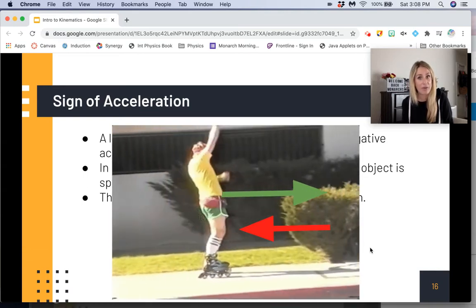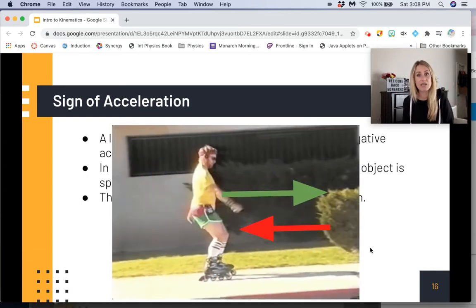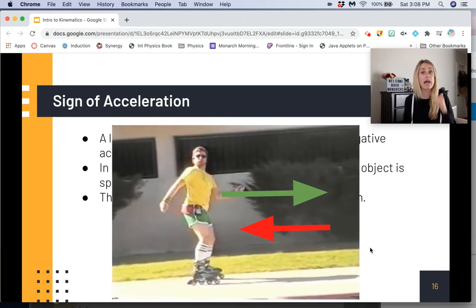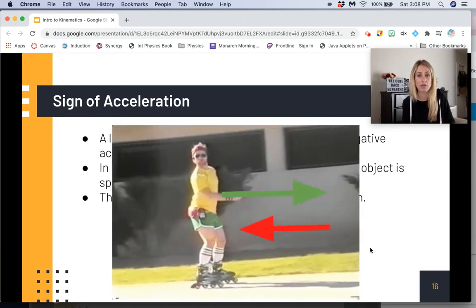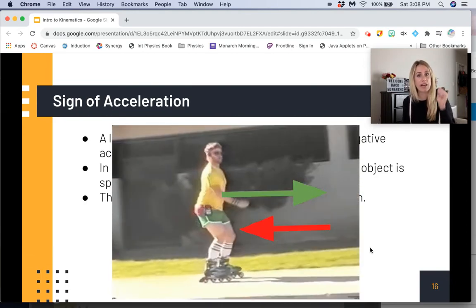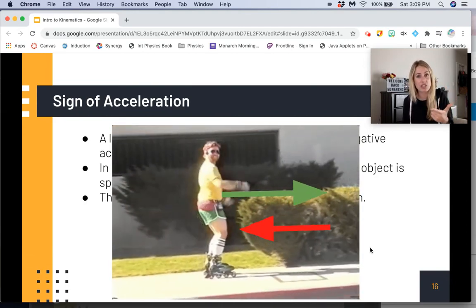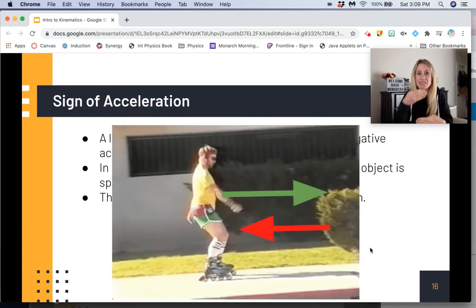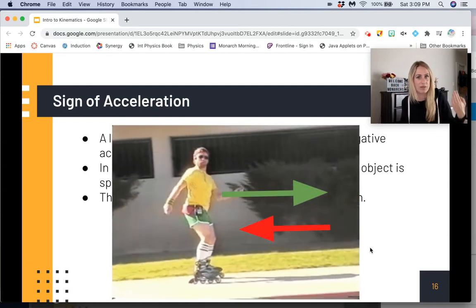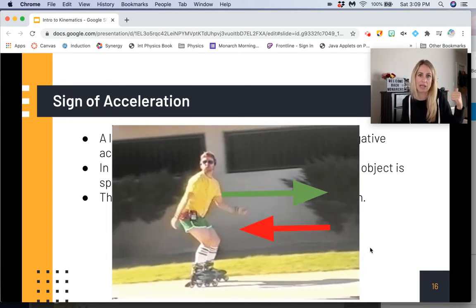So now that force of the wind is giving him an acceleration to the left, which we're going to call positive. Since we called right negative, we have to call left positive. So velocity is negative here, acceleration is positive. When those two things are in opposite directions, he's going to slow down because he's going into the wind and that wind is pushing him back.